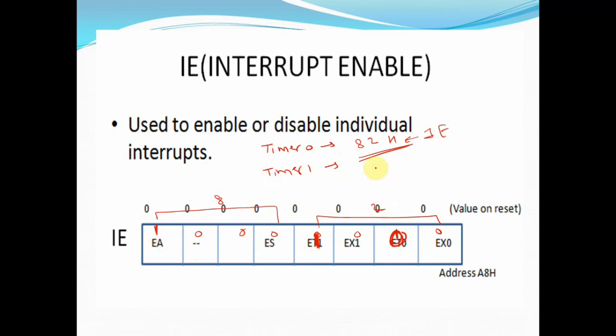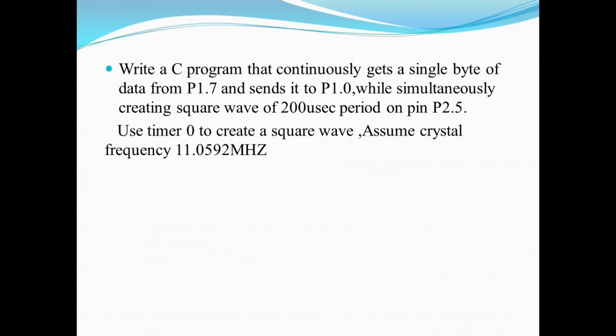So this is 8, that means we are going to load the value 88H if you are dealing with the timer 1 interrupt. Once you load these values into the IE register, only then will your timer interrupt be enabled and the microcontroller get interrupted when the timer overflow flag is set to 1.